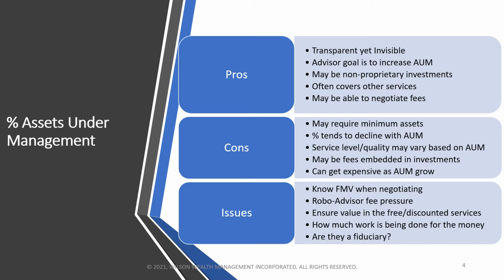The other thing you're going to find is that the service level and the quality may vary based on your assets under management. An example there would be, let's say, Wealthsimple, which is more of a robo-advisor type business model.